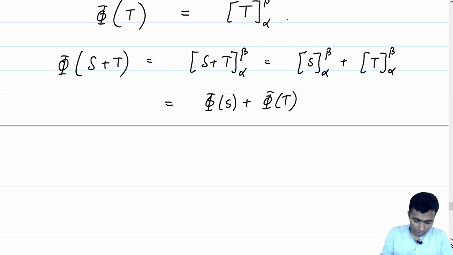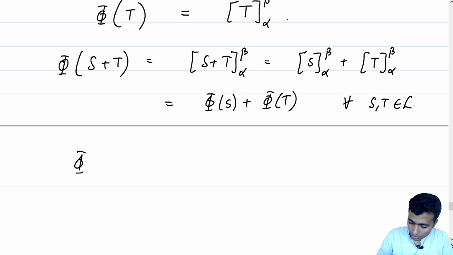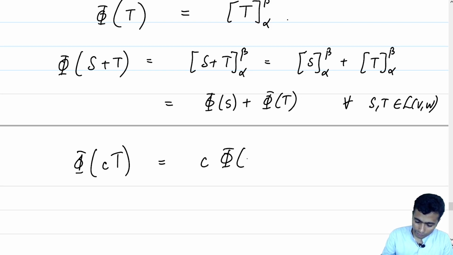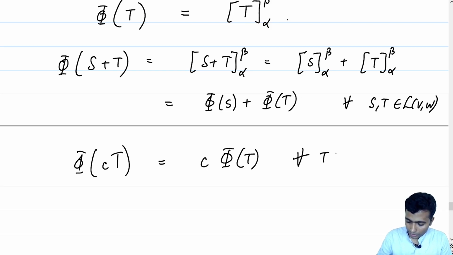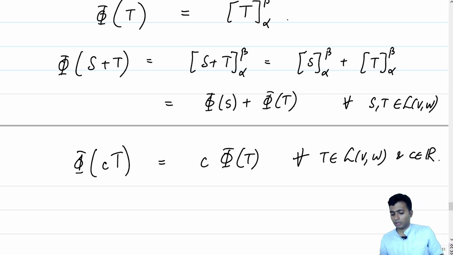And similarly, the scalar multiple. So this is for all S and T in L of V, W. And similarly, phi of cT is nothing but c times phi of T for all T in L of V, W and c in the scalars.